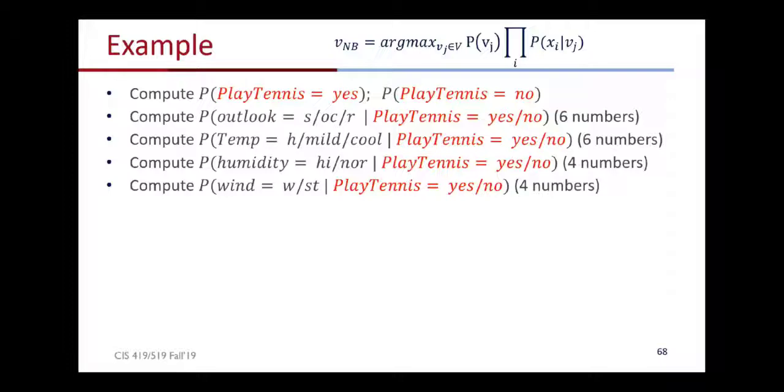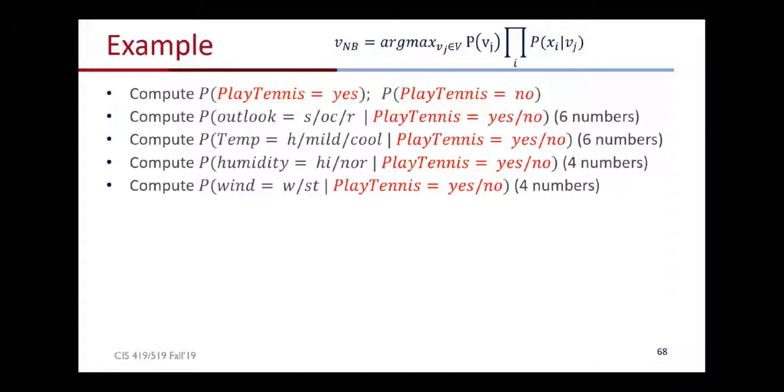At the top, we want to estimate the probability of V, which is the probability of the label being yes, the label being no. This should have been structured a little better, but what you see here is the probability of the attribute outlook taking one of 3 values, sunny, overcast, rainy, given that play tennis, the label, is yes or no.